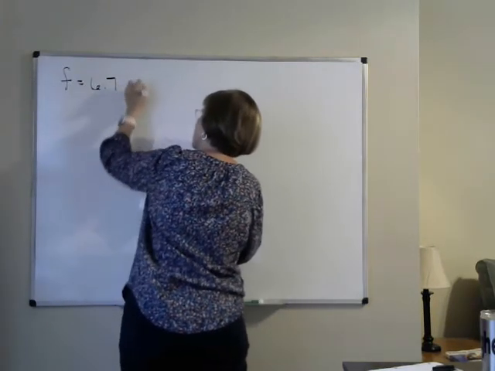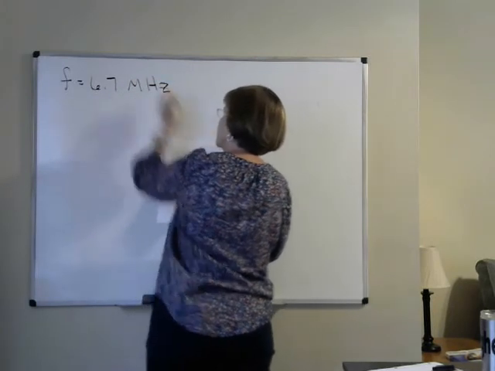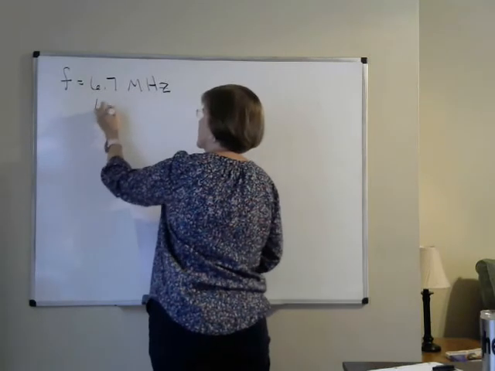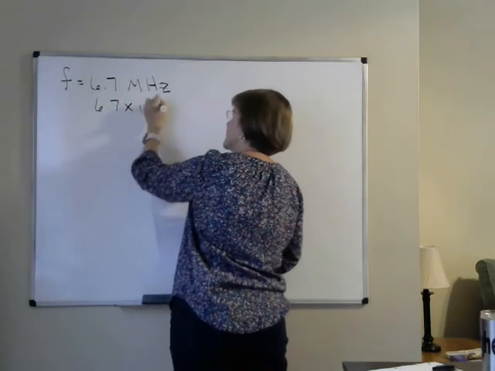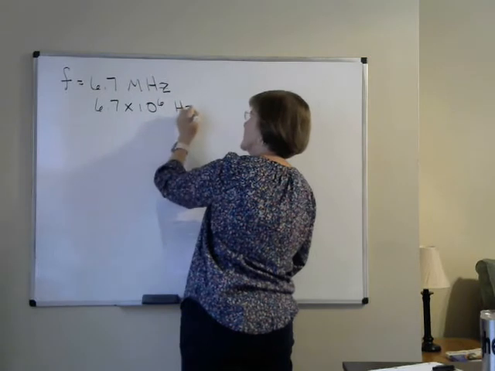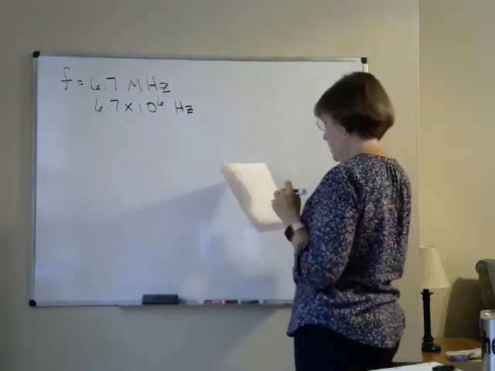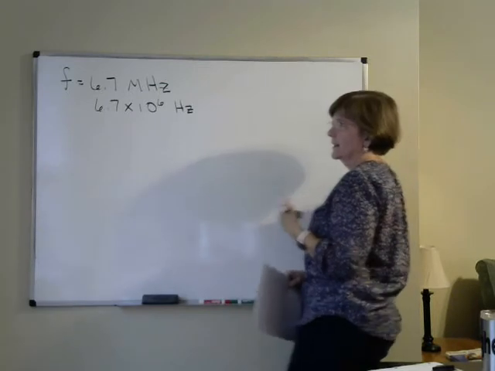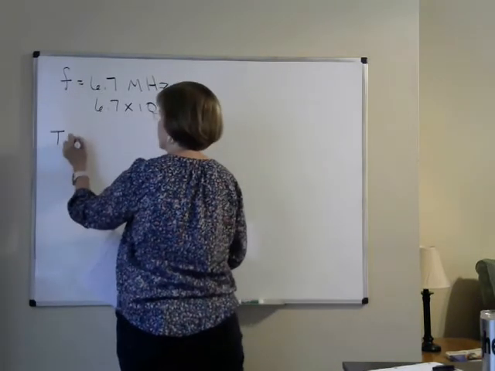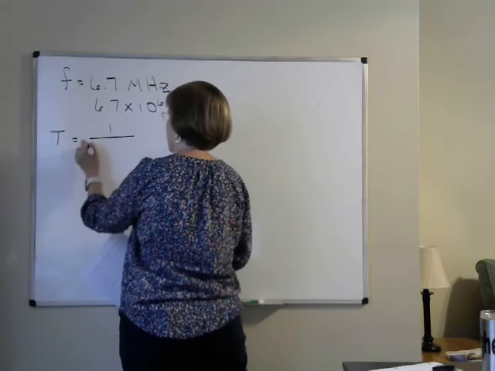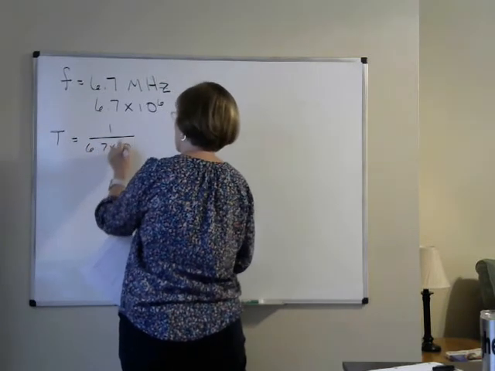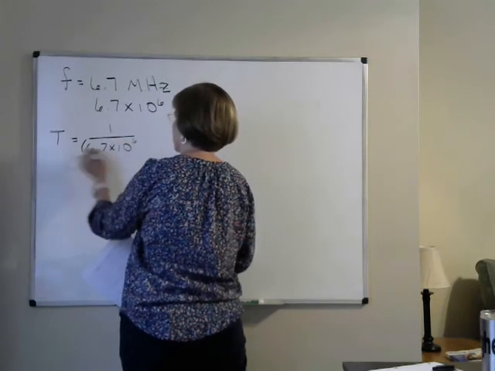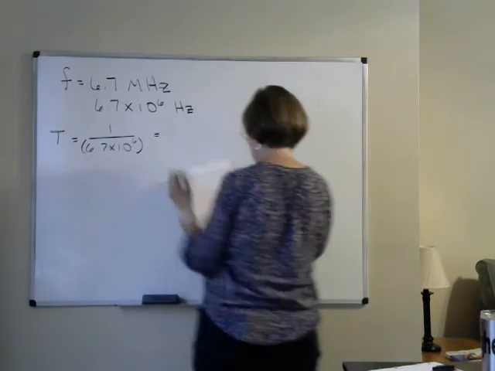of 6.7 megahertz. You might have to get your table out when you see things like that and look that up, but that's 6.7 times 10 to the 6th hertz. Mega is a million. 10 to the 6th is a million. It says find the period and the angular frequency. Well, the period is simply 1 over that number. When you put it in a calculator, be sure to use some parentheses if you need to.